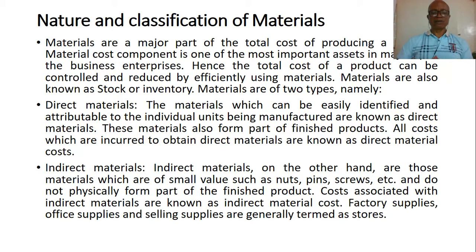They are just the nuts, the pins, the screws that are used in producing a particular product. So they are not easily traceable to the cost component of a particular product, and that's why they are indirect.